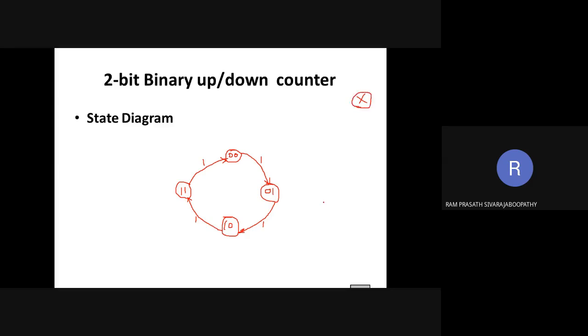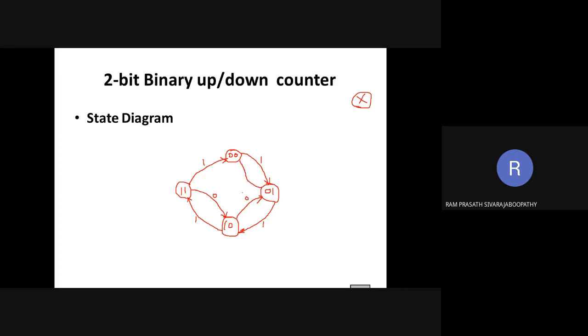Okay. So how should this down counter work? Maybe from 1 1 it goes to 1 0. So here what is the input? 0. If the input is 0, for each clock pulse it starts to decrement.